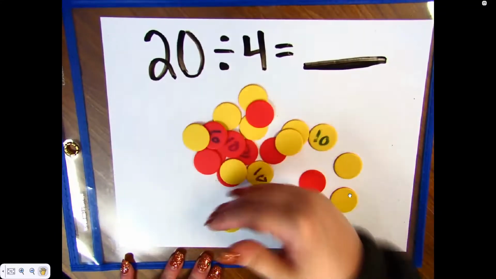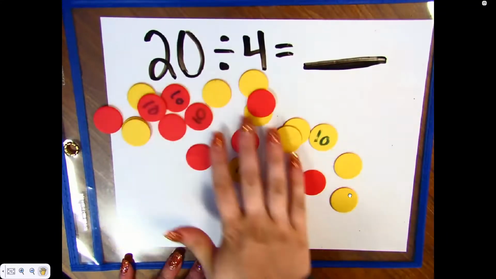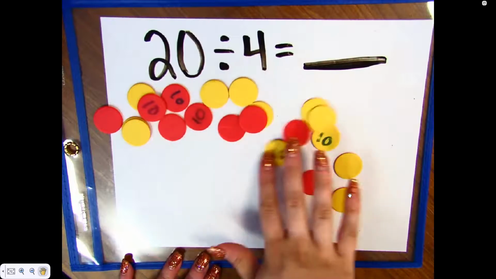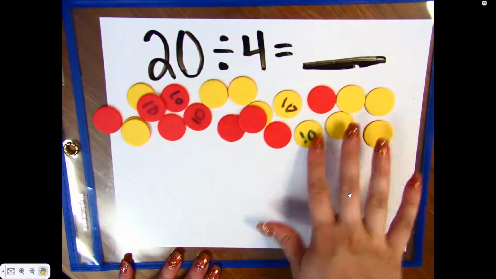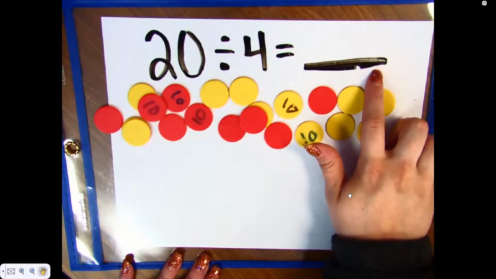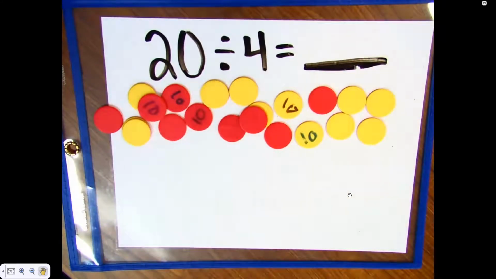So then I need to put these counters into groups to figure out my missing number. So how many groups do you think I need? Look at the number in the division equation.